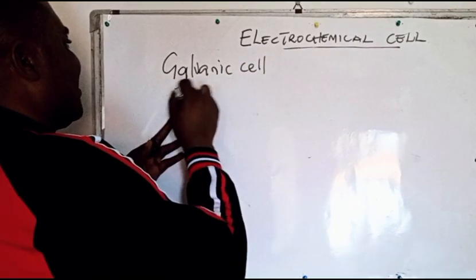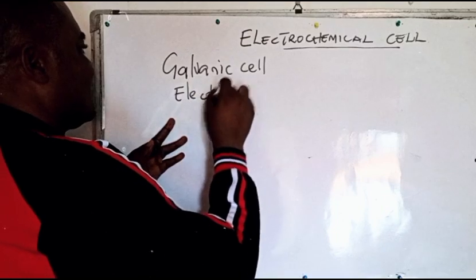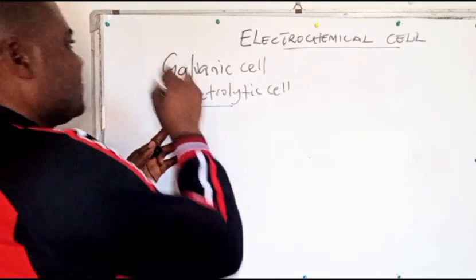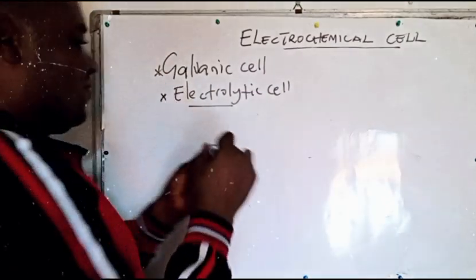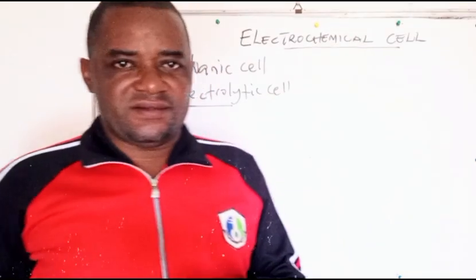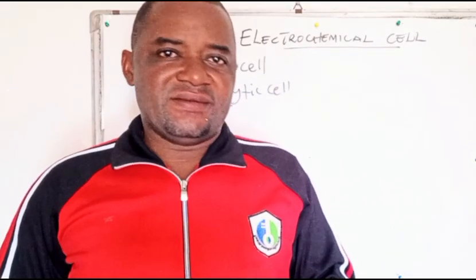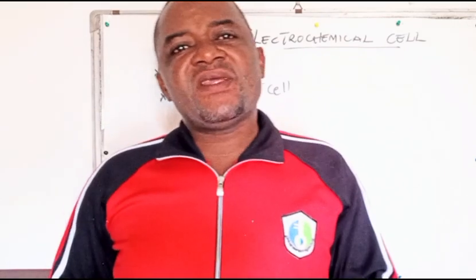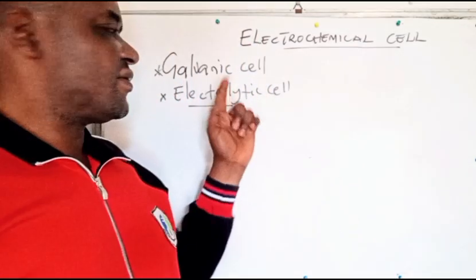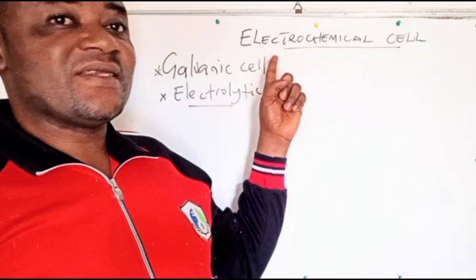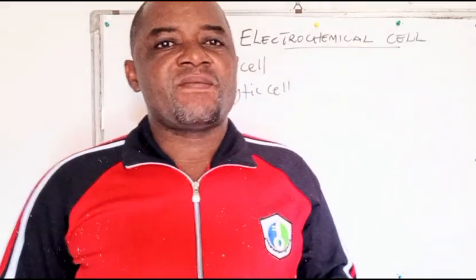These two form the electrochemical cell that you hear about now and then. There is something that differentiates these two cells, even though they belong to that particular heading, electrochemical cell.